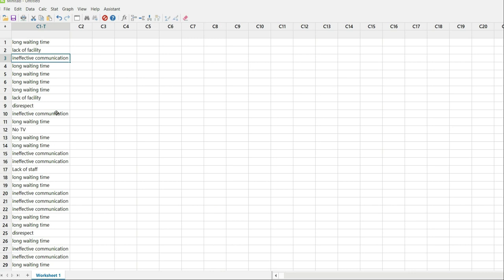So, what is my hypothesis? What is my aim of this analysis? I want to know which one is the most common factor among the dissatisfaction. It seems there are many reasons for patient dissatisfaction in this raw data, but as a data analyst, I want to know which one is the most frequent problem.